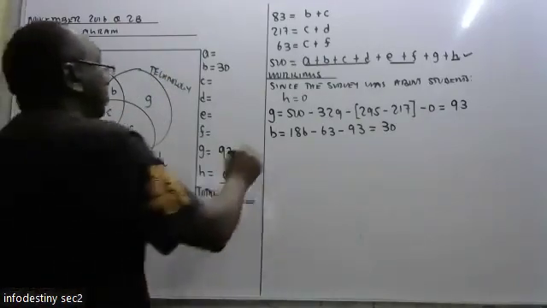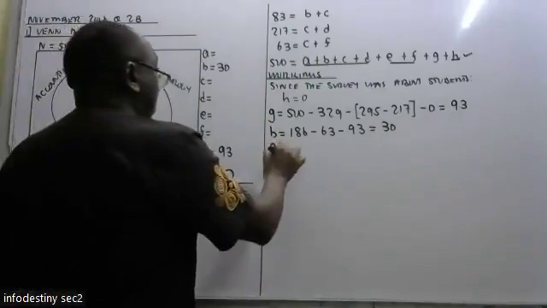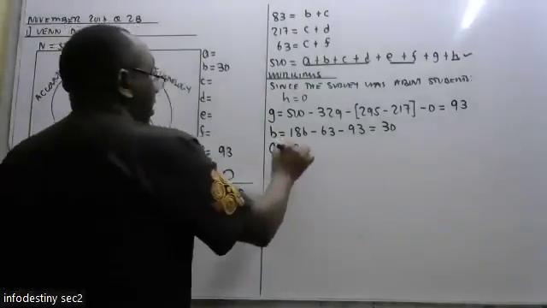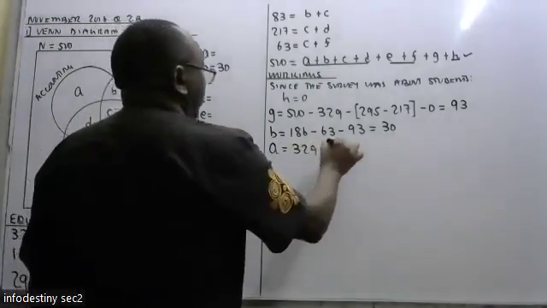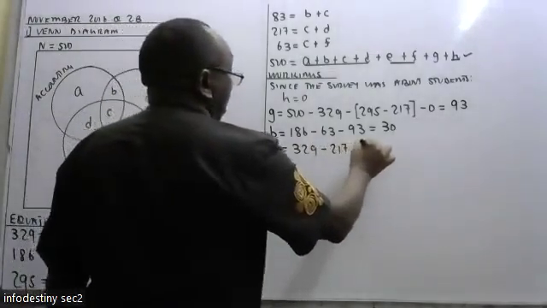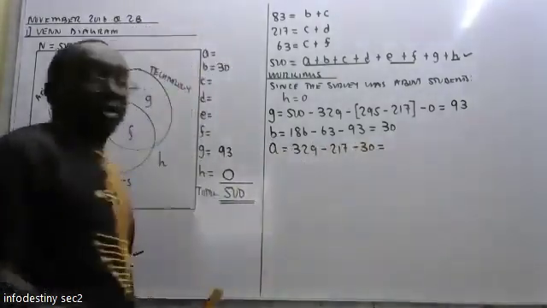So I can be able to get my A as 329 minus CD, which is 217, minus B, which is that. Give me the answer again.